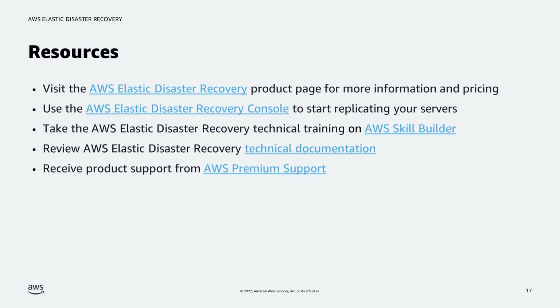We have here some resources that you can take with you: visit some of our product pages, use the console to start replicating servers and understand it, and take those free technical trainings. And then we also have documentation, and this particular service is also supported by premium support.